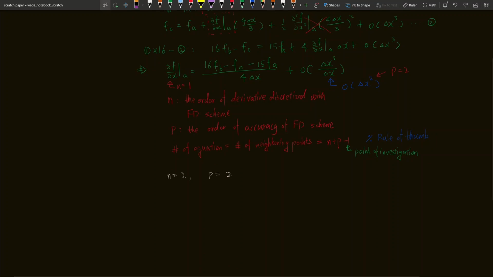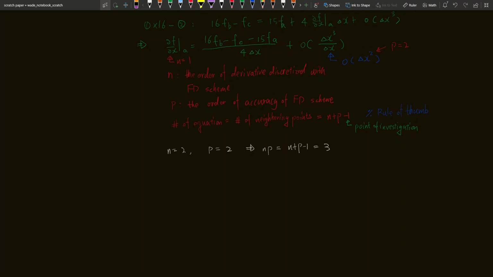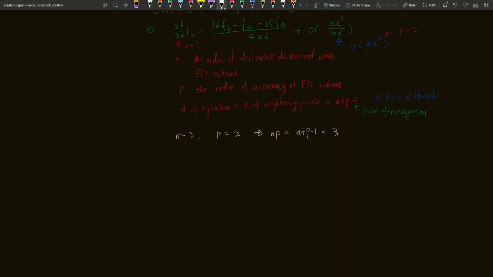Based on our rule of thumb, the number of neighboring points equals n plus p minus 1. So it's 3. But since we are deriving a central FD scheme, you cannot place the fixed point among the three neighboring points in the middle. So you cannot do that. So there's something fishy going on.